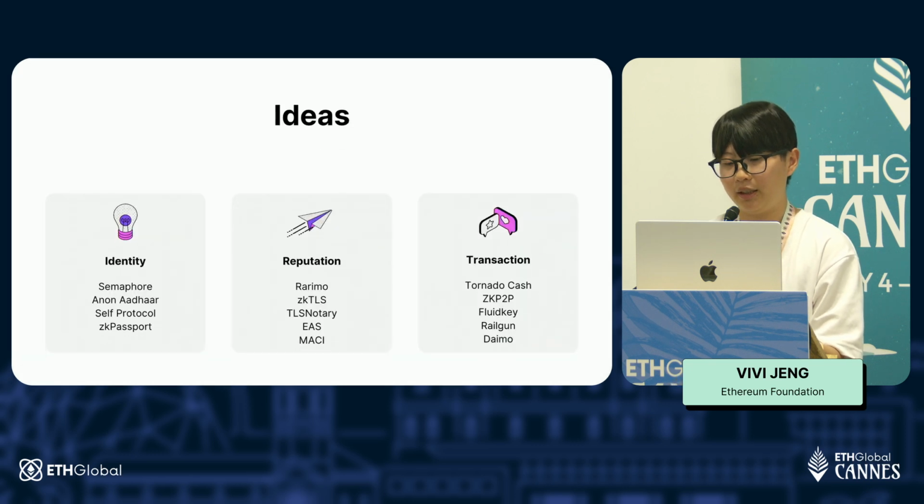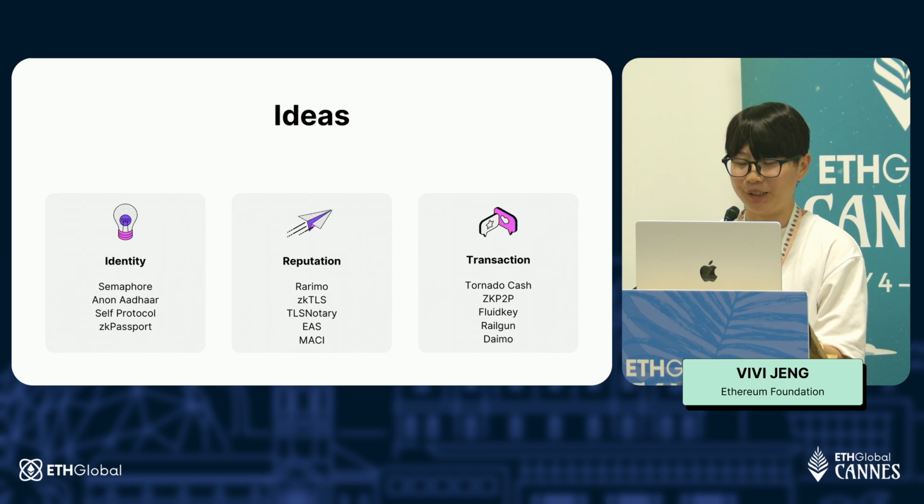And here are also some ideas to inspire you on how you can build. So here I list some ZK protocols, but maybe they don't have a mobile native app, or it can be improved. For example, Semaphore and Aadhaar, Self Protocol, and ZK Passport.